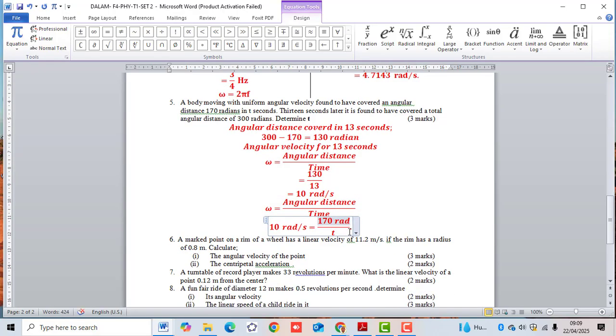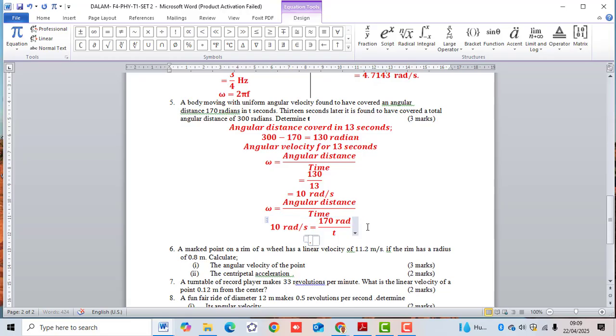So when I cross multiply, I'll have 10t.